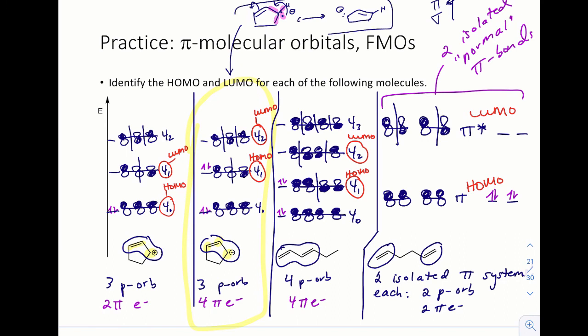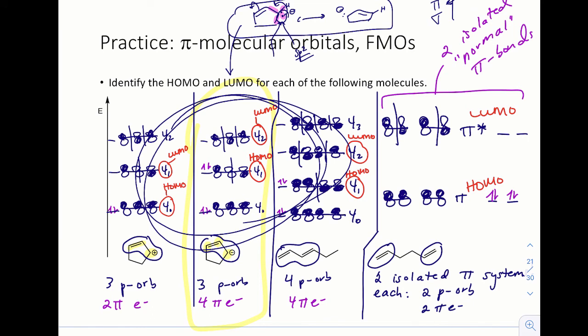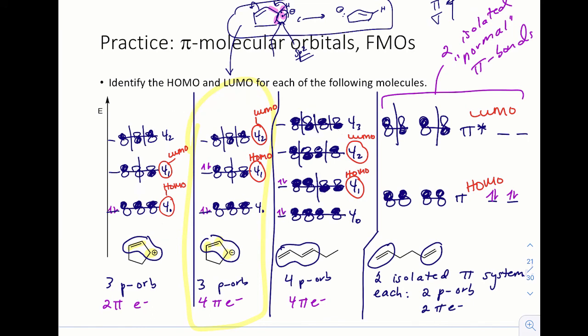Thus, we know that this carbon actually is sp2 hybridized, that these electrons are actually in a p orbital, but really in these pi molecular orbitals, and delocalized about all 3 atoms, highlighted here in this representation of the molecule. So there are 3 p orbitals and 4 pi electrons. Those 4 pi electrons occupy the bonding orbital and the non-bonding orbital. The highest energy filled molecular orbital of this pi system is the non-bonding psi 1, and the lowest energy unoccupied molecular orbital is psi 2.